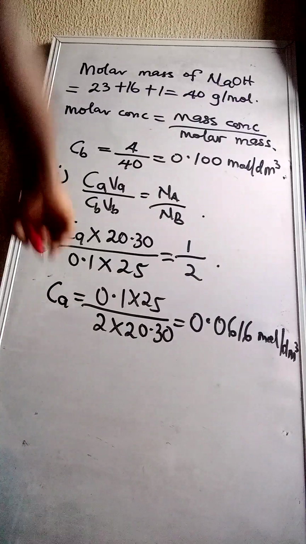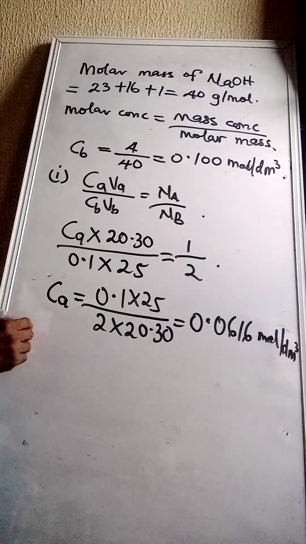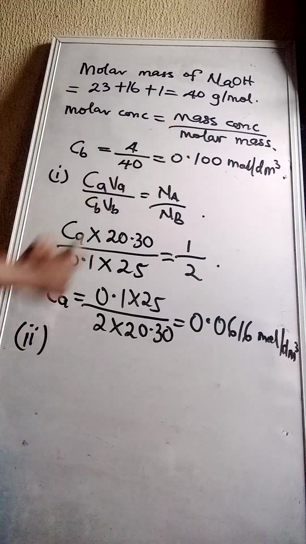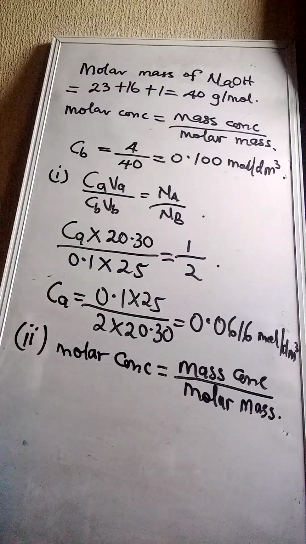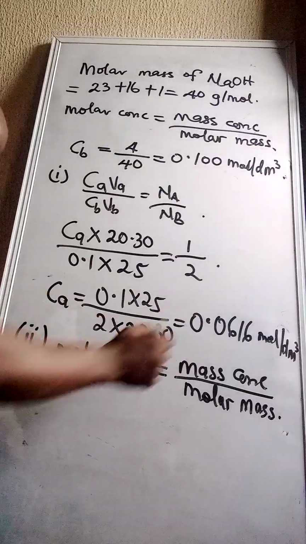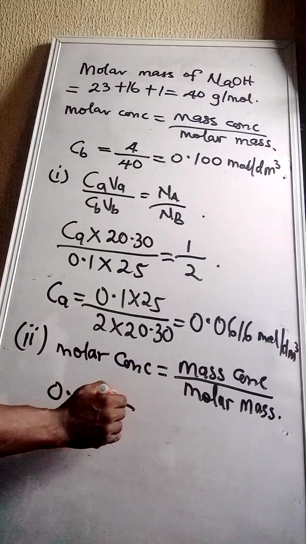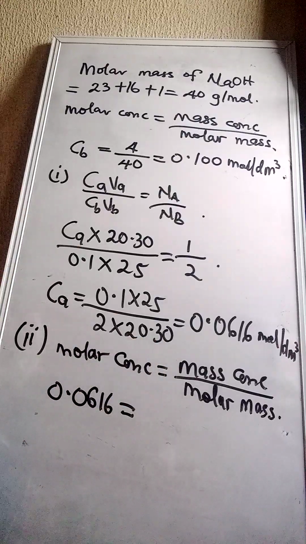Since we now know the molar concentration of the acid, we'll go back and use this formula. This formula is what I'm going to use to get the molar mass of the acid. Molar concentration of acid is what we just got, that's 0.0616. Mass concentration of the acid, remember we are given, and what is that?